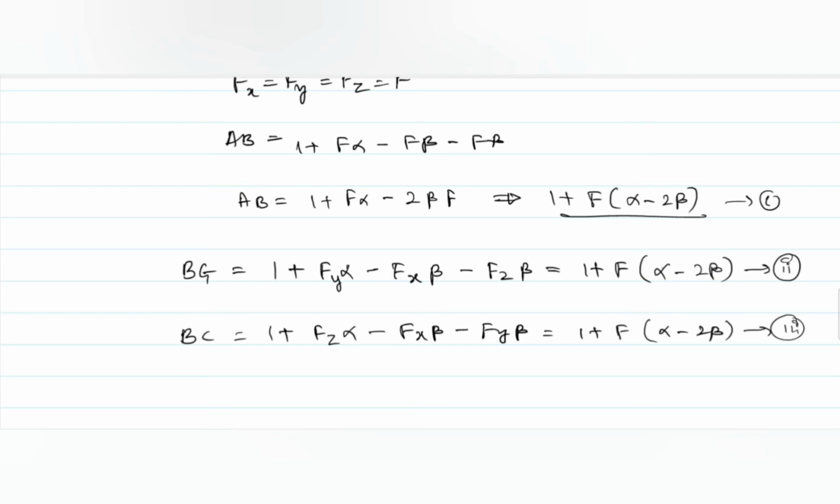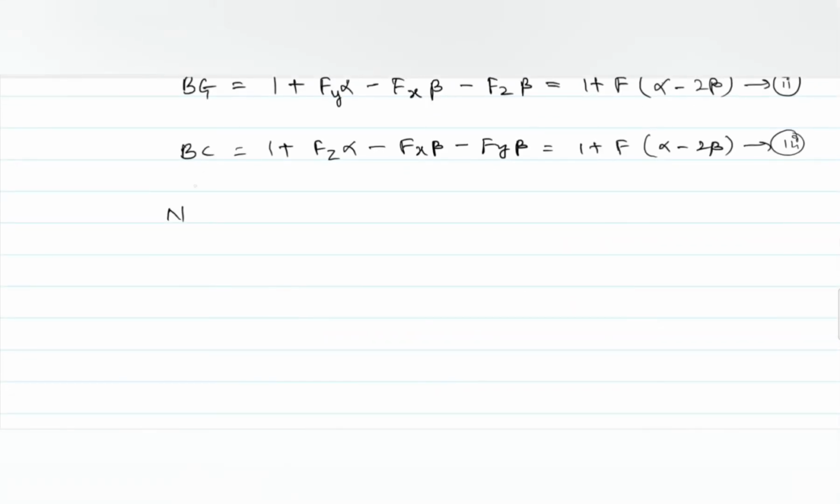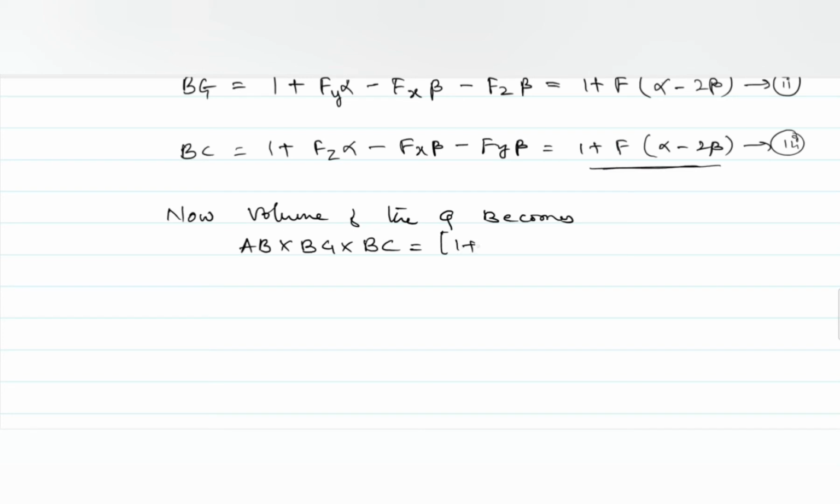Now the volume of the cube becomes the length multiplied by breadth multiplied by width. So all the equations are similar, therefore we get 1 plus f into bracket alpha minus 2 beta raised to the cube.